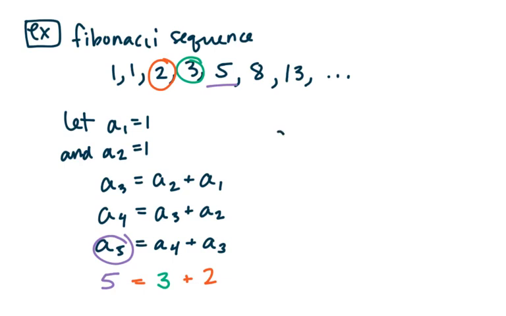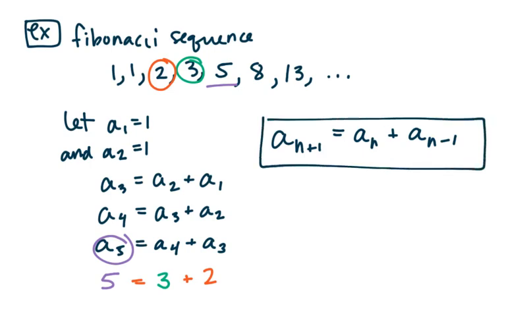And the way we might define this would be a sub n plus 1, the following term, equals a sub n, the term immediately before that, plus a sub n minus 1, which is the term immediately before a sub n. All right, and we will stop with that for today.